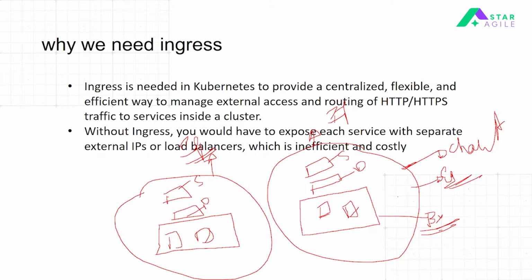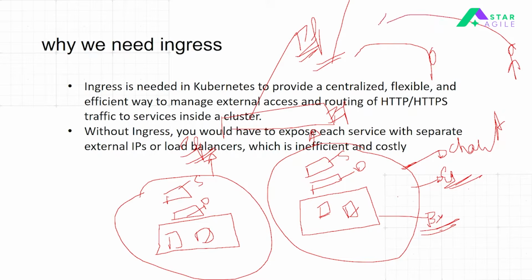Now, what if I have only one IP or one domain name? When a user reaches out to this place, he can clearly specify, I want to reach out to this cluster.